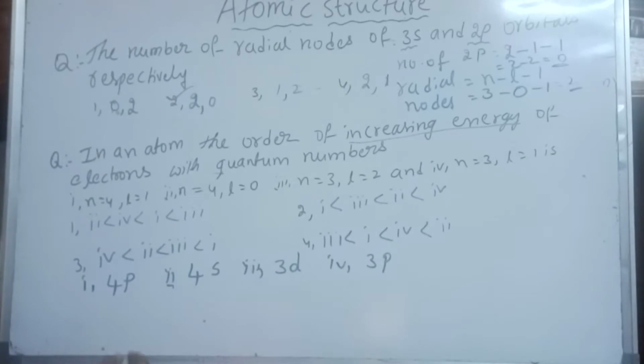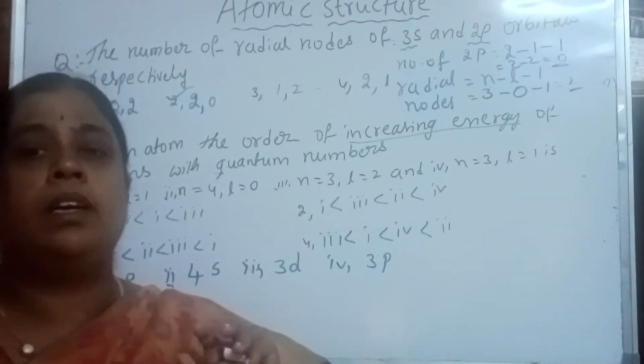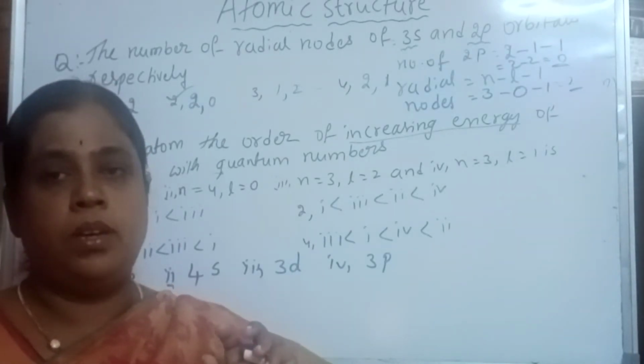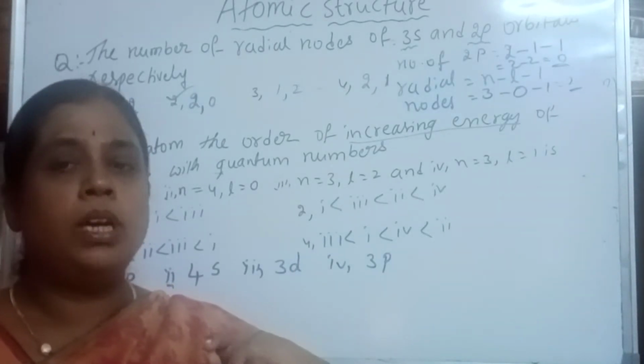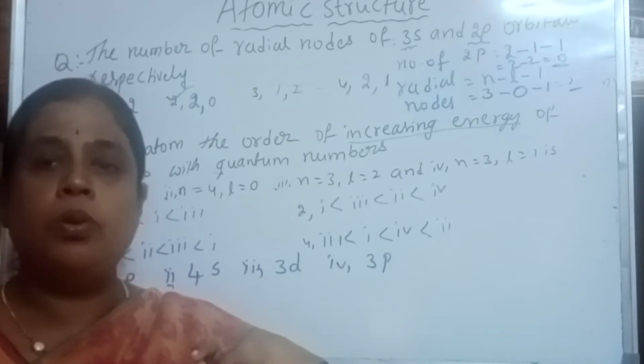So according to the n plus L value, if we write, which comes first here? For 4p, n plus L value: L value is 1 for p orbital, so 5. According to the Aufbau principle, the orbital with more n plus L value has more energy.